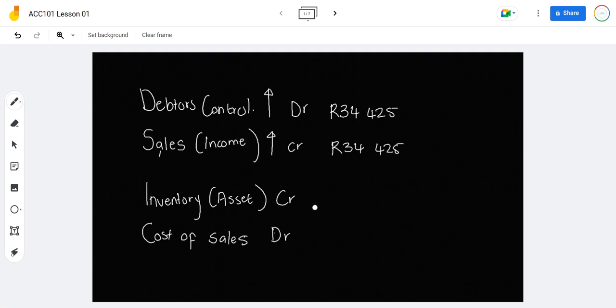So now these are the amounts that we have, the 34,425. But remember, this is not how much we bought the stock for, because we had to make a profit. And then how much profit did we make?